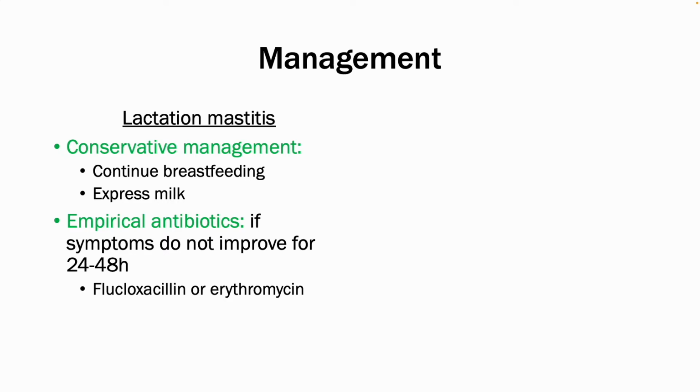It is important to reassure the woman mastitis should not interfere with breastfeeding and should not cause harm to the baby. Additionally, breastfeeding could be assessed if there are concerns as to whether it is done correctly, whether there could be any issues, or whether there's anything that could be improved on to reduce the risk of recurrence of lactation mastitis.